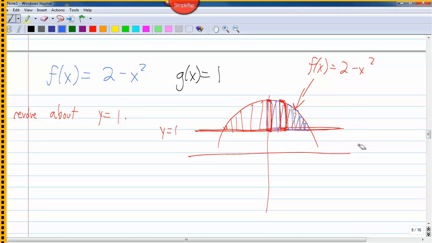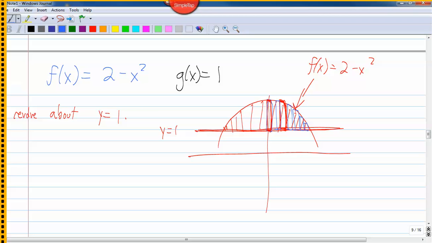Alright, so how can I adjust for that? You take the function and you subtract 1. Well, you say, why are you subtracting 1? Well, remember when we were doing the area between two curves? How did we find that distance? Top minus bottom. That's what we're doing here to find the radius of the disk.